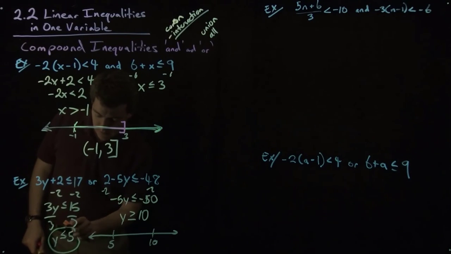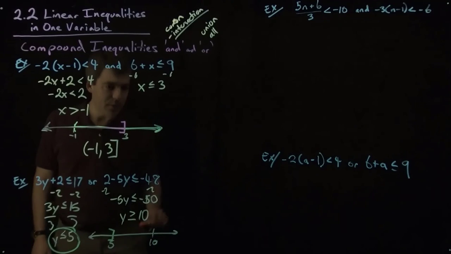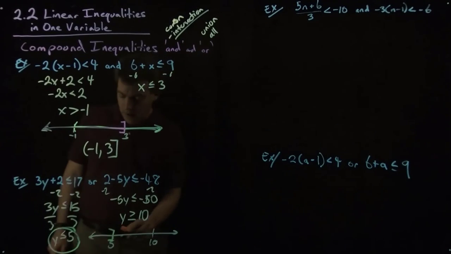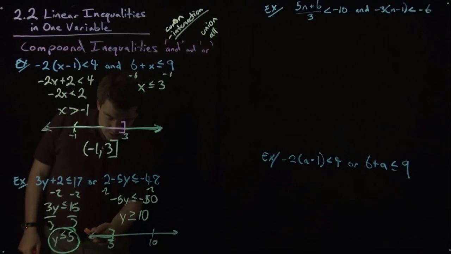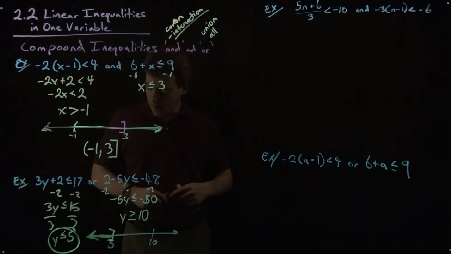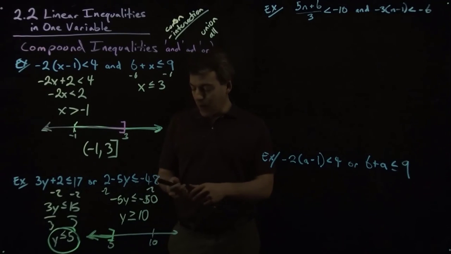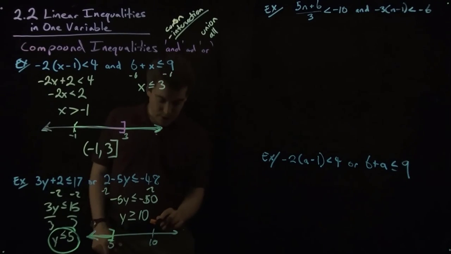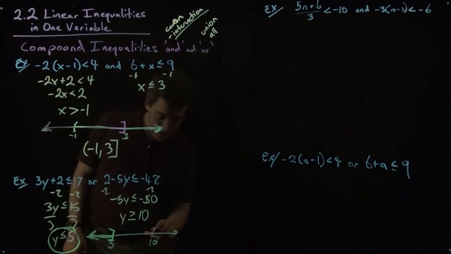This is a bracket, because we have the non-strict inequality, and less than 5 goes this way. And then y is greater than or equal to 10. So again, brackets, this way.